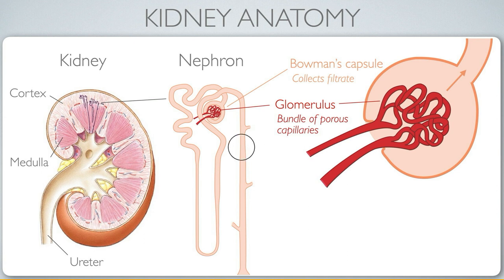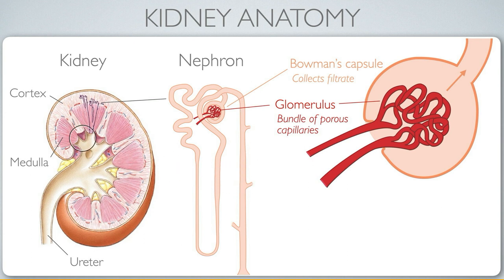Now, all of these filaments that radiate outwards from the kidney, you can think of as just being lots and lots of nephrons and lots of capillaries. Okay, this is a highly vascularized system. It's not just the glomerulus, but there are capillaries all around the nephron as well.